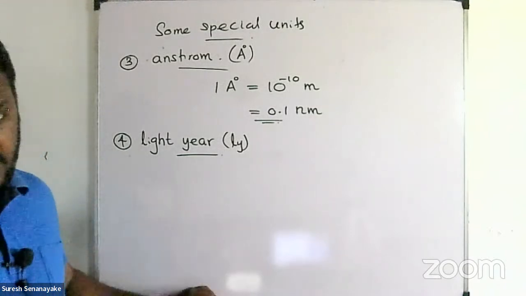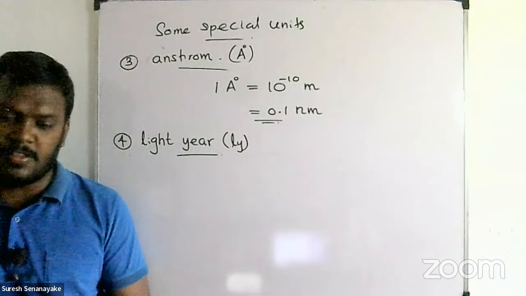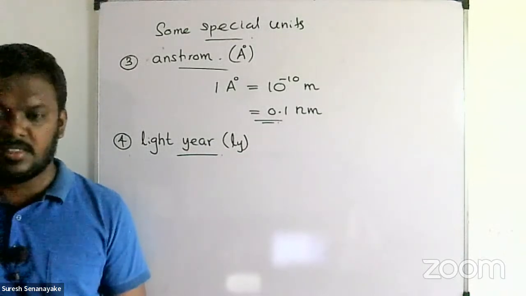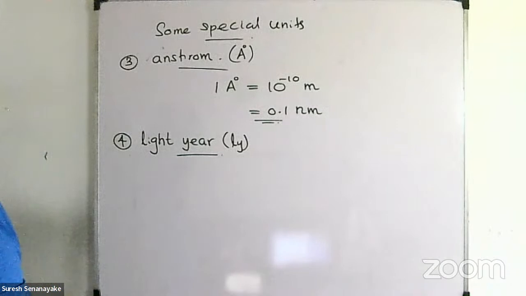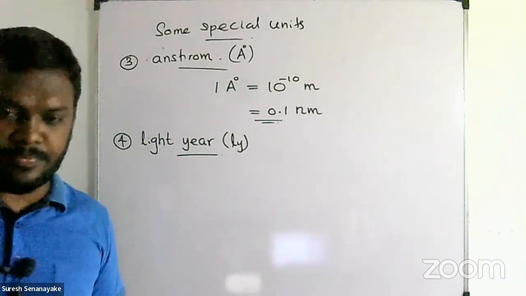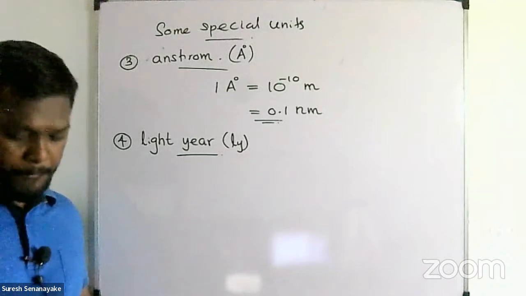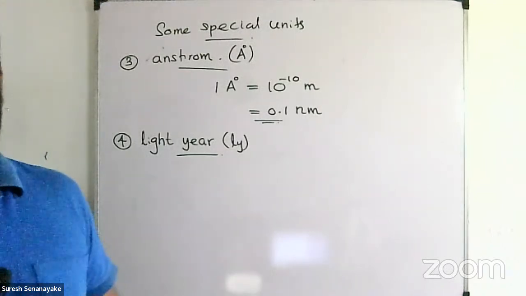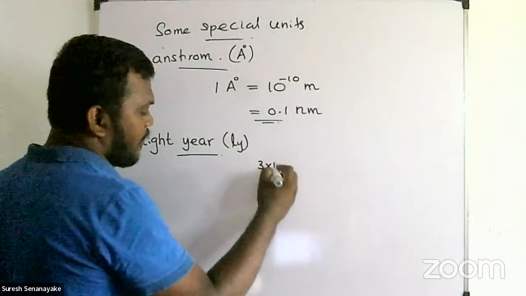Okay, then write: 1 light year is the distance traveled in a year by light with a speed of 3 into 10 to the 8 meters per second.